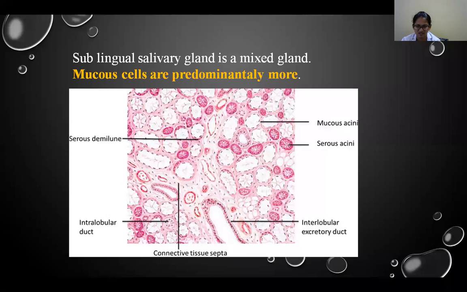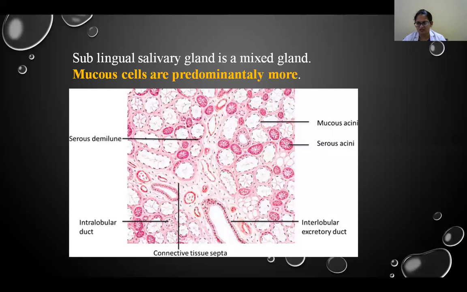For the main excretory ducts, the epithelium is pseudostratified columnar epithelium. This is the ductal arrangement: intercalated duct is simple cuboidal, striated duct is simple columnar, and excretory duct is pseudostratified.